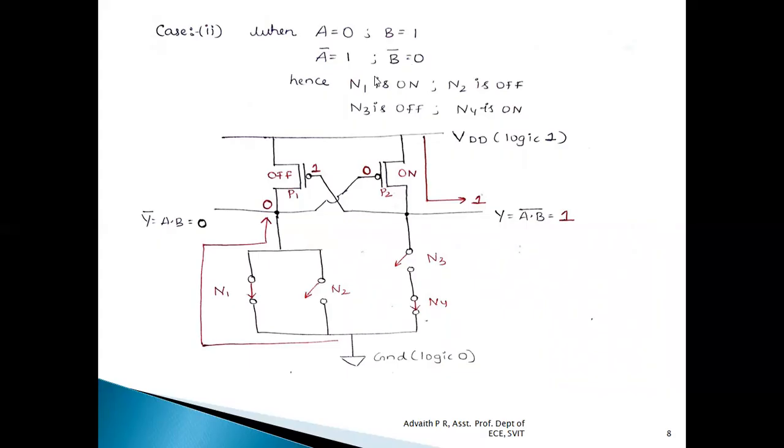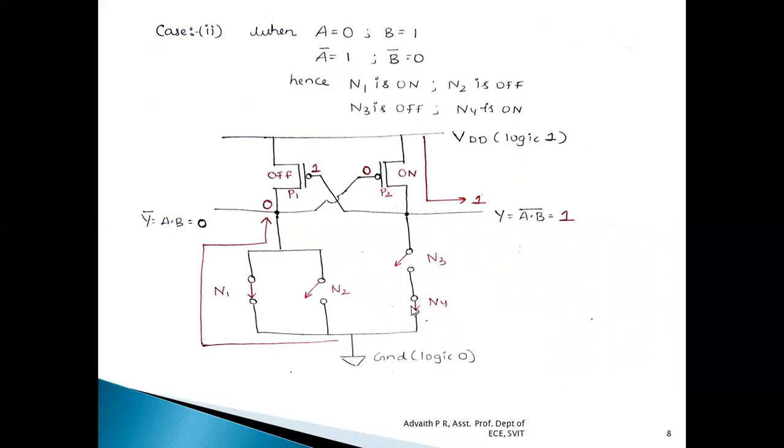So when this happens, MOSFET N1 is on, N2 is off, N3 is off, whereas N4 is on. The MOSFETs which are on act as closed switches, whereas MOSFETs which are off act as open switches.